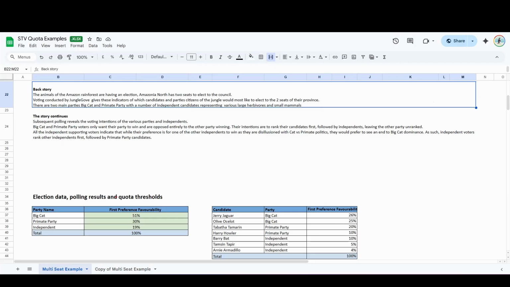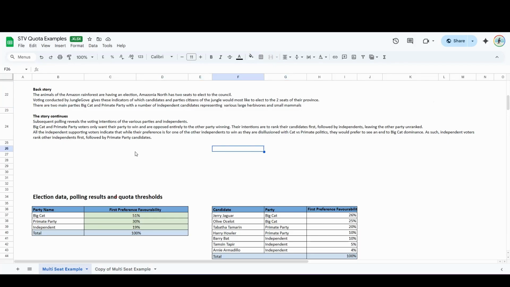There was a poll conducted to reveal the voting intentions of the parties and independents. Big Cat and Primate Party voters pretty much only want their party to win, and they're entirely opposed to the other party winning, so they'll rank independent candidates ahead of candidates of the other party, who they won't rank. Independent candidates prefer other independent candidates. And like I say, this is very simplistic.